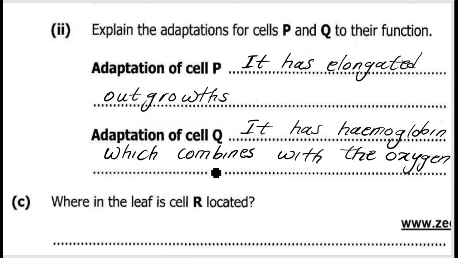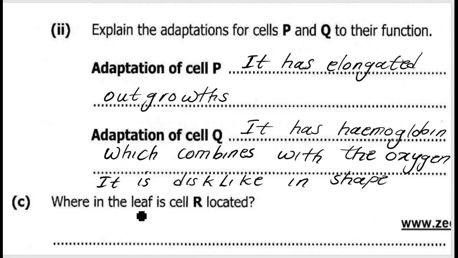It has an affinity to oxygen. Apart from having hemoglobin, it is disc-like in shape. So all these help red blood cells to perform their functions.